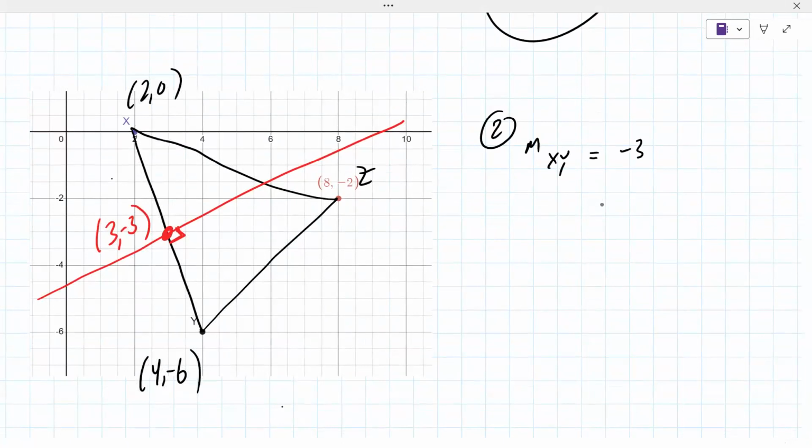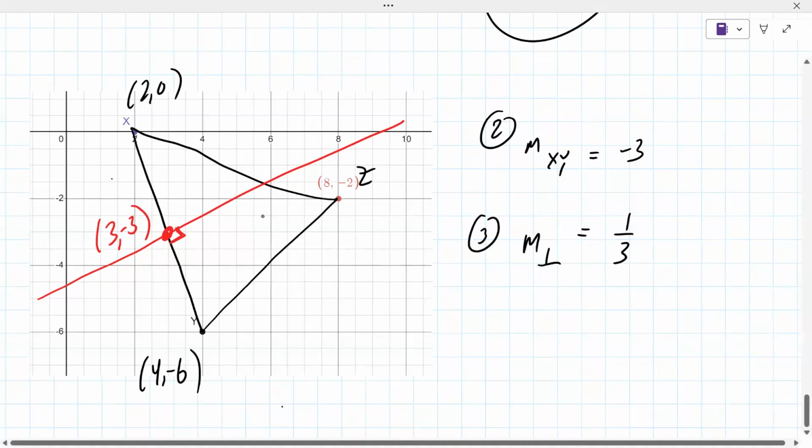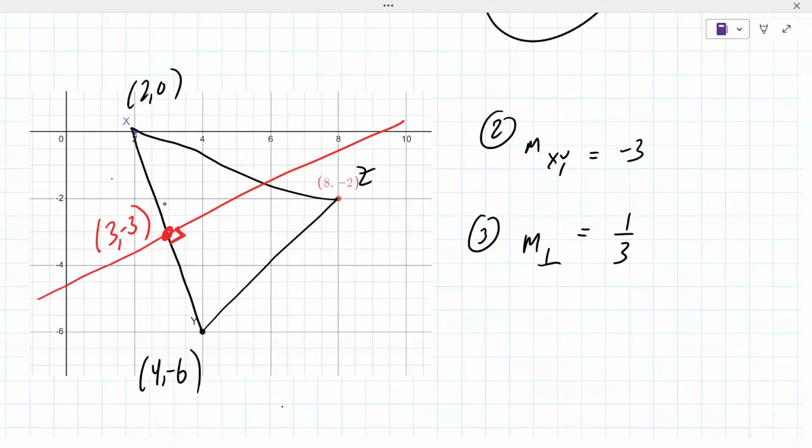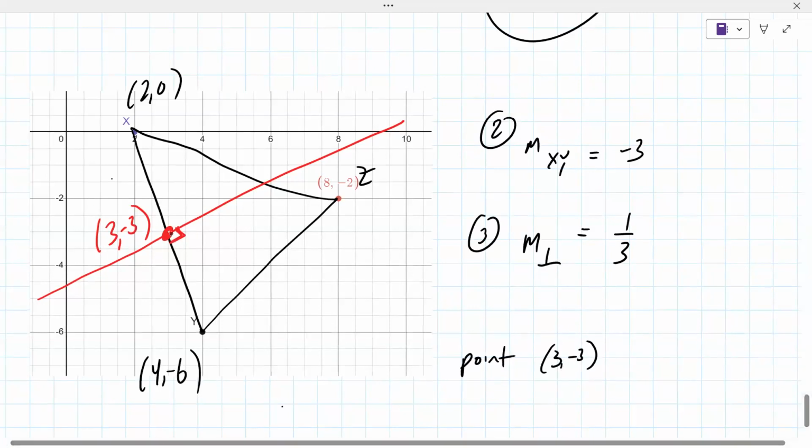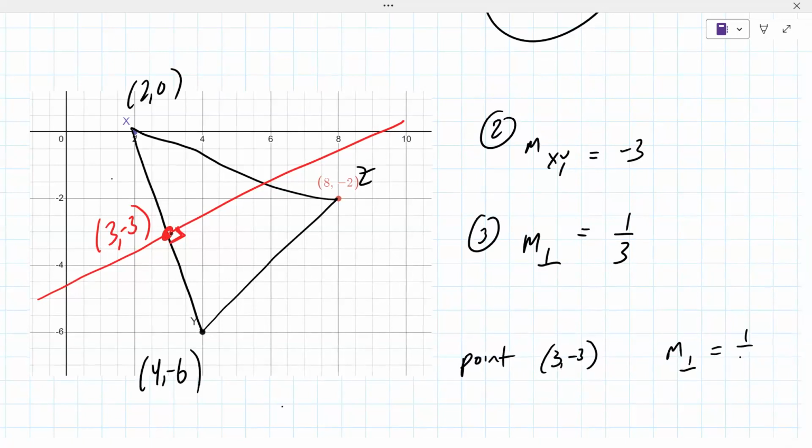It's -3. And then you need the perpendicular slope to it, which is 1/3. So to write the equation of the perpendicular bisector, you need a point, which you didn't have before. You need the point, which is 3 comma -3, the actual middle of it. And then you need the slope perpendicular, which is 1/3.